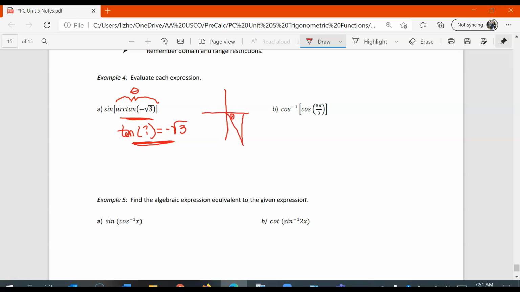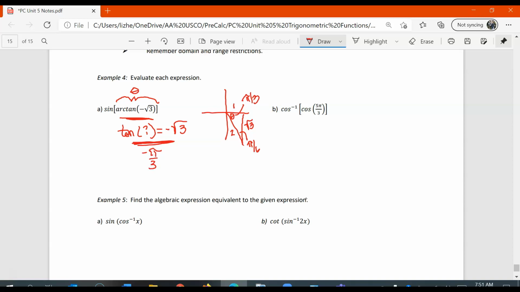Since its tangent is radical 3, that means the opposite is radical 3, the adjacent is 1, and there's my hypotenuse. And so we would have to say this angle is your pi over 6, and this angle is your pi over 3. So this is negative pi over 3.